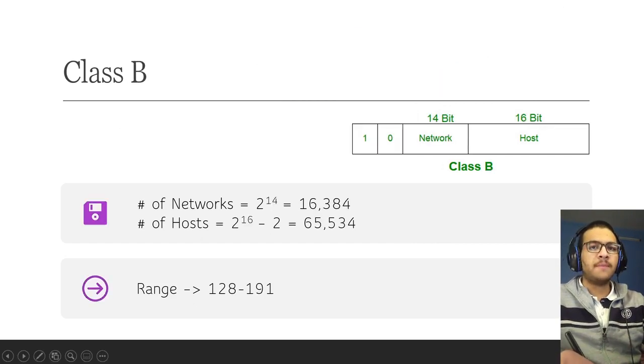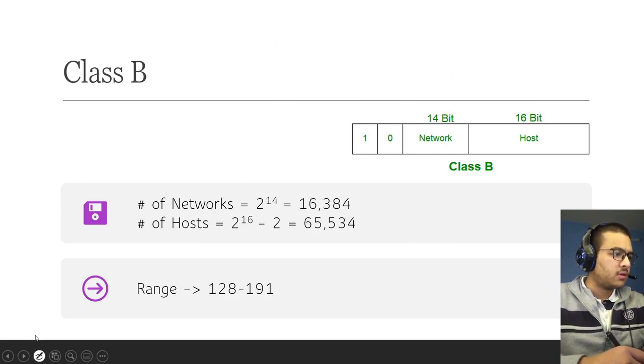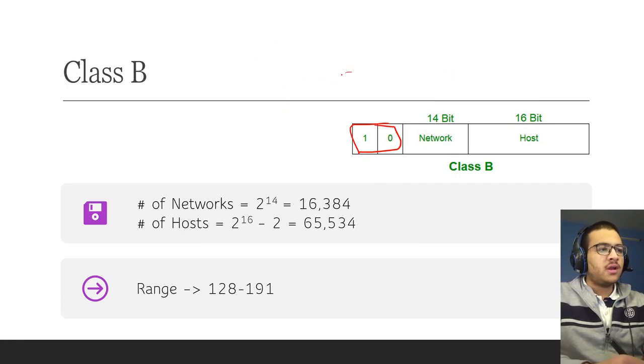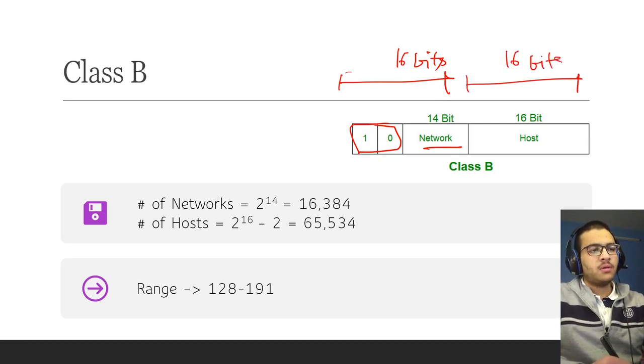So we'll move on to B. As you can see in the B network, the first two bits are reserved, and instead of 8 bits, we have got 16 bits reserved for the network ID, and the next 16 bits for the host ID.